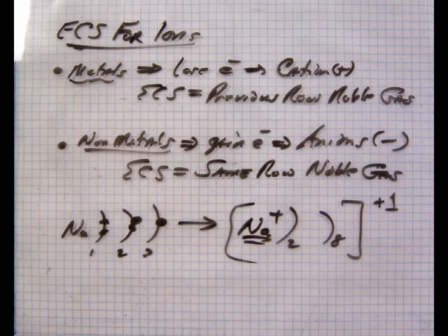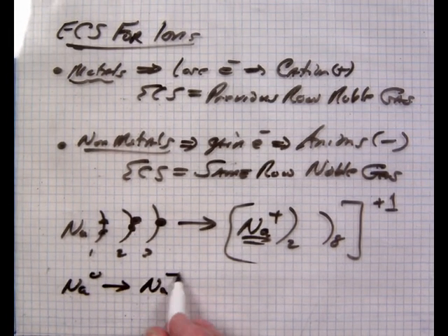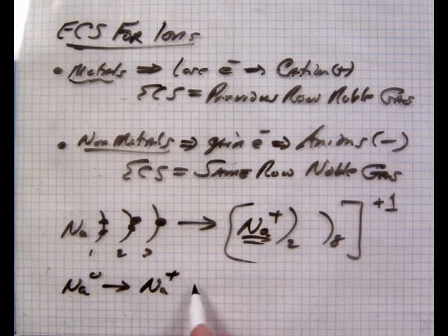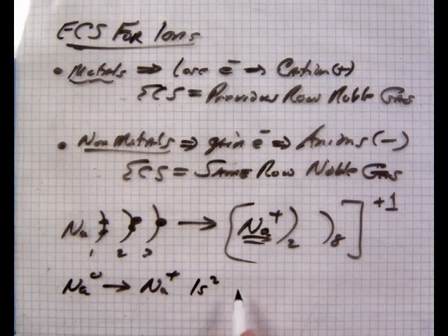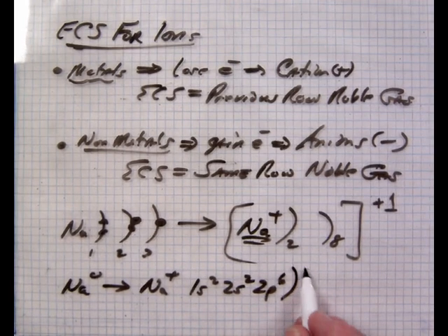When it loses its electron, sodium goes to Na plus. Its configuration is going to be 1s2, 2s2, 2p6.